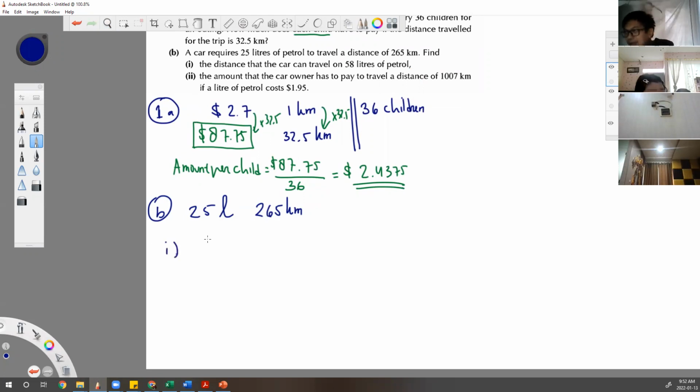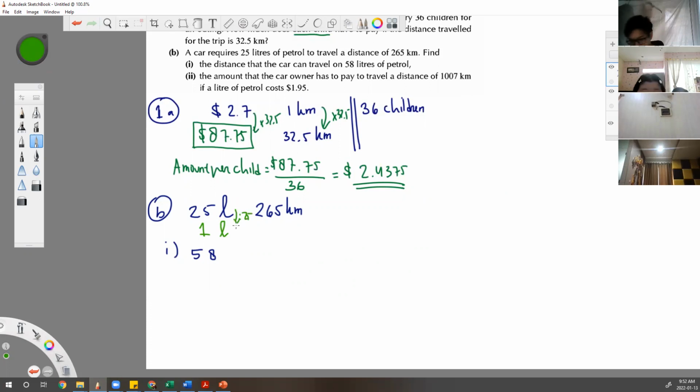So part one, 58 liters. It's supposed to be further, right? Pasti lebih jauh ya. Pastilah around 25 to 65. So get one first. So again, you need to put one in order to reveal each liter how many kilometers, right? So you divide by 25 here.